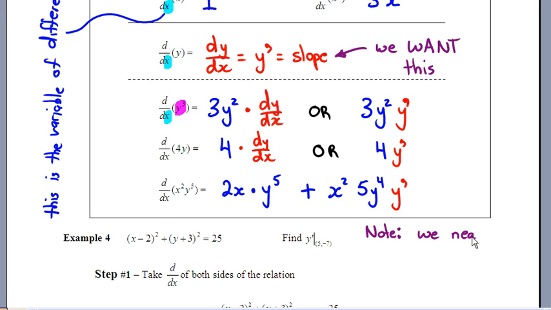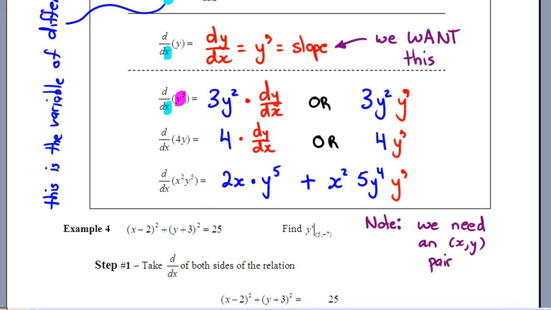We need an x, y pair of numbers in order to know what to do later. Okay, two-step process. That's it, just 2 steps. First step, take the derivative with respect to x of both sides. So again, notice that x is supposed to be the variable of our differentiation.